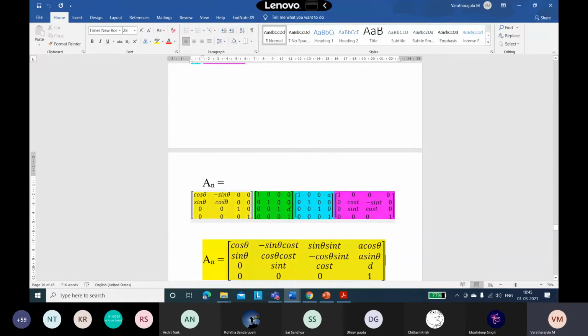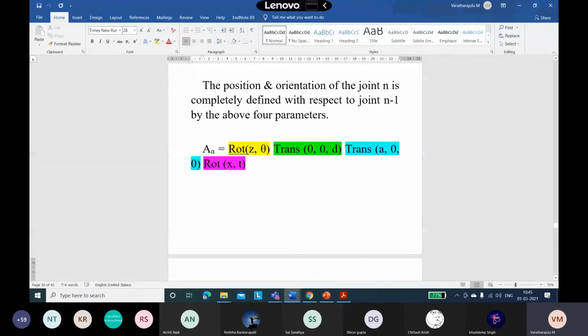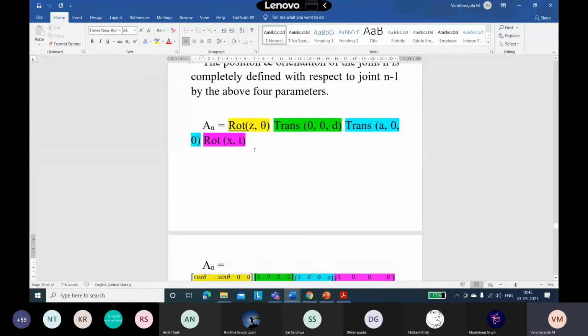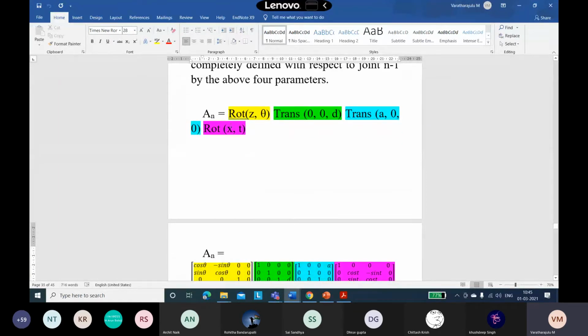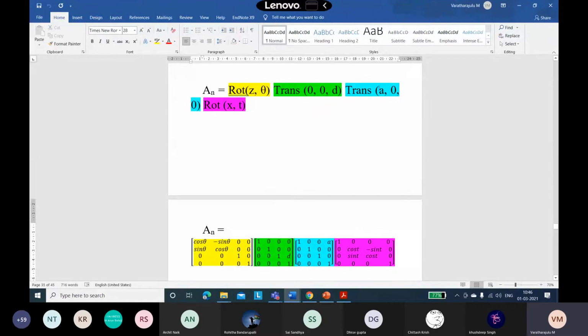Theta is the inclination related to z, and alpha is the inclination related to x, and d is the translation transformation related to the z axis. a is the translation transformation related to the x direction.